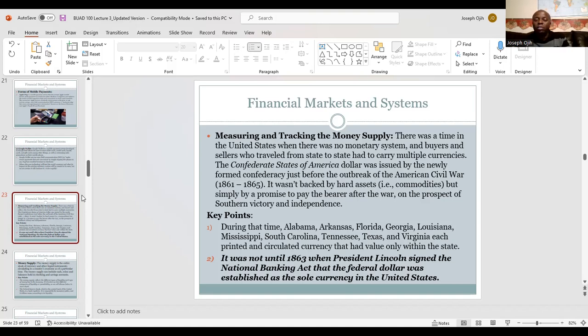When you came to South Carolina, you used the currency that was accepted in South Carolina. It wasn't until 1863, when President Lincoln signed the National Banking Act, that the federal dollar was established as the sole currency of the United States.